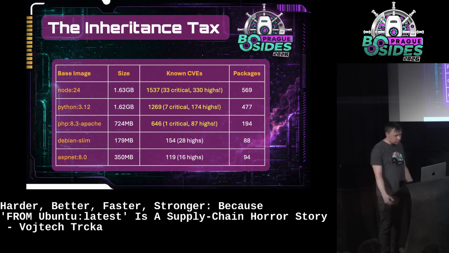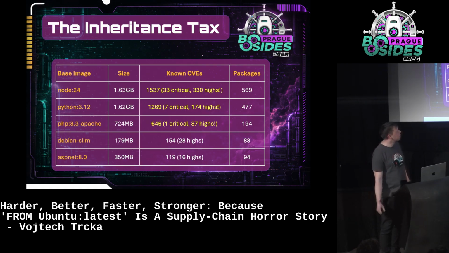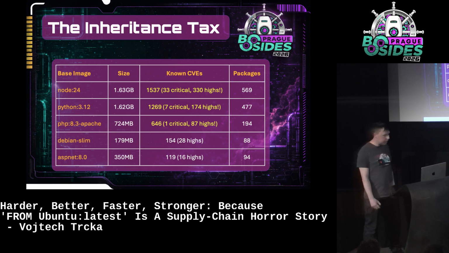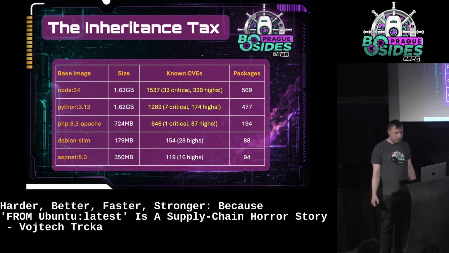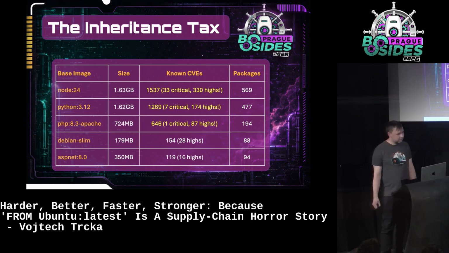Even Debian slim is quite lower, about 179 megs and 28 highs, still relatively high. And the official Microsoft .NET image. Fun fact, Debian slim inside: 350 megabytes and 16 highs.